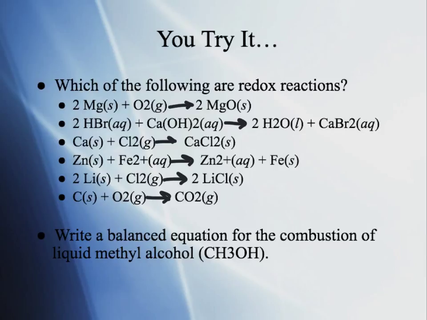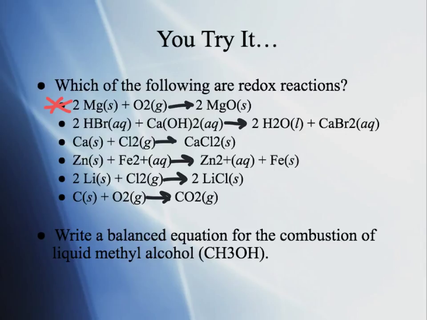All right, let's see if you did it. Which ones are redox reactions? First one is magnesium with elemental oxygen. Ding, ding, ding, that's redox. The second one is hydrobromic acid with calcium hydroxide. That is not redox. It has oxygen in it, but it's not elemental oxygen.